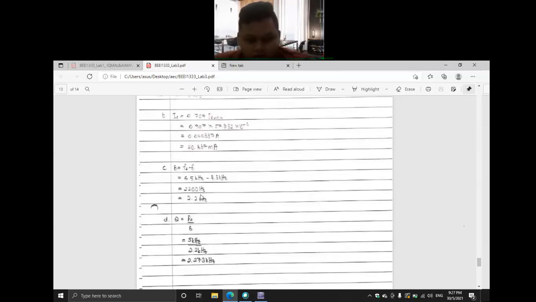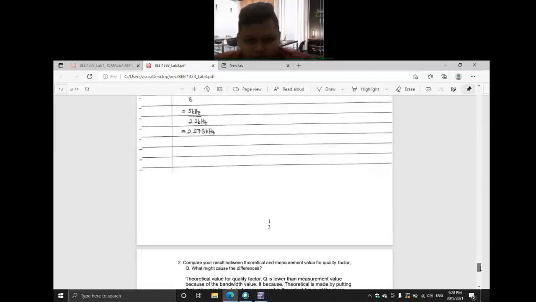After that, we find the quality factor. The quality factor we get from F0 divided by the bandwidth, where we get the value of 2.273.